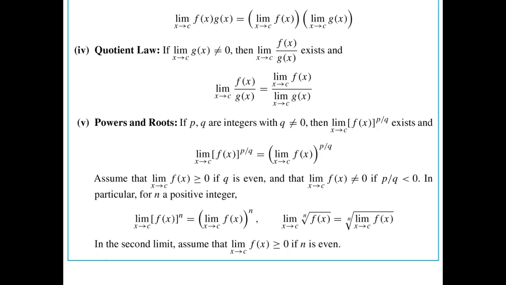Now, let's go to the next part, this one. Now we have n is a positive integer. I don't see how this has anything to do with this much. Okay, n is a positive integer. The limit as x approaches c of the nth root of alpha of x.